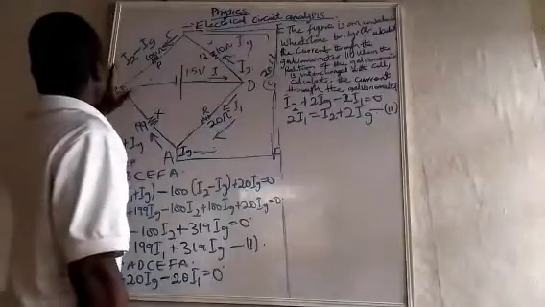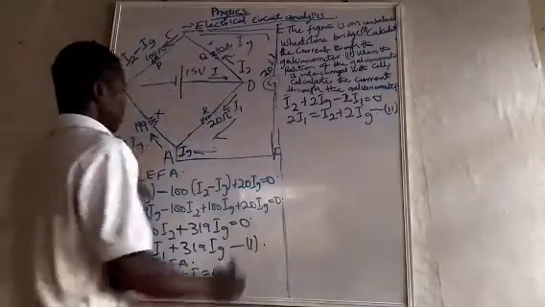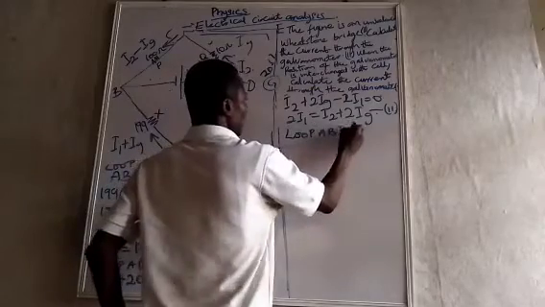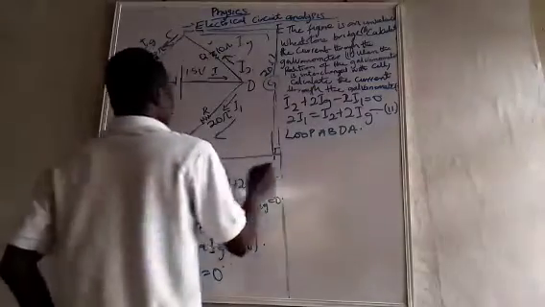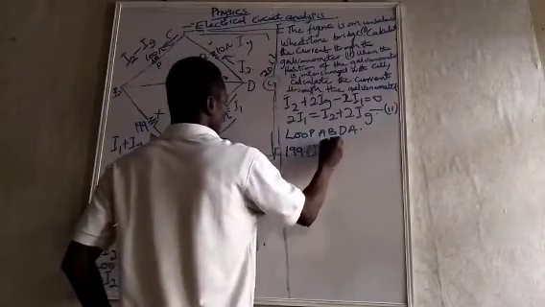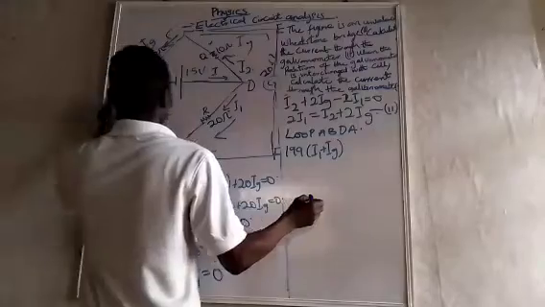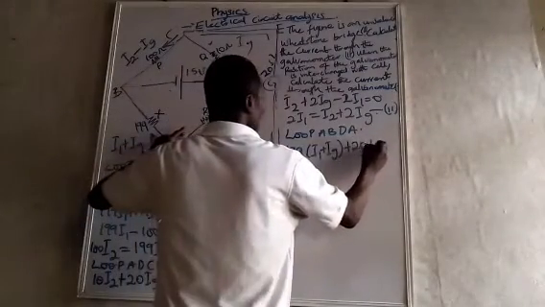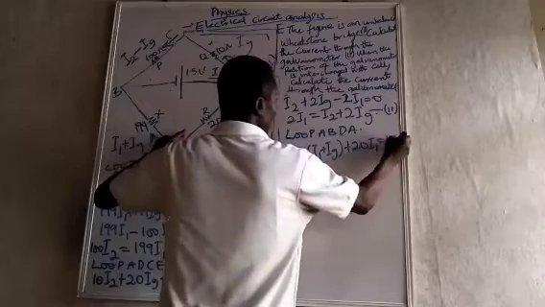Loop ABDA. So I can now say 199 into I1 plus I2 plus 20 I1 is equal to 1.5.